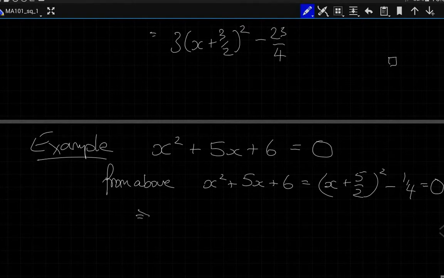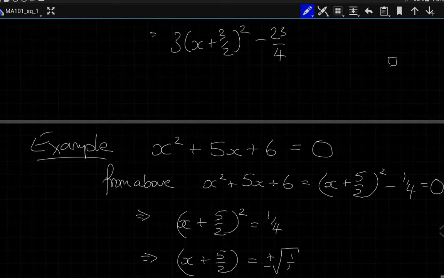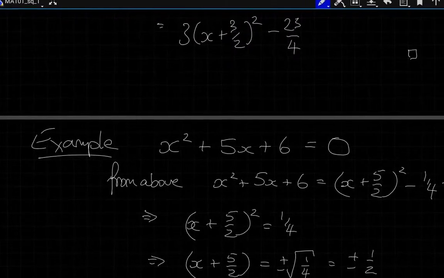So this should now be straightforward. It means I have x plus 5 over 2 squared equals 1/4. So if I take the square root of both sides, this is plus or minus the square root of 1 over 4, which is plus or minus 1/2.